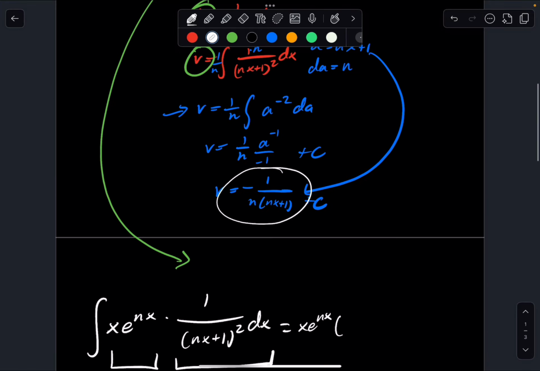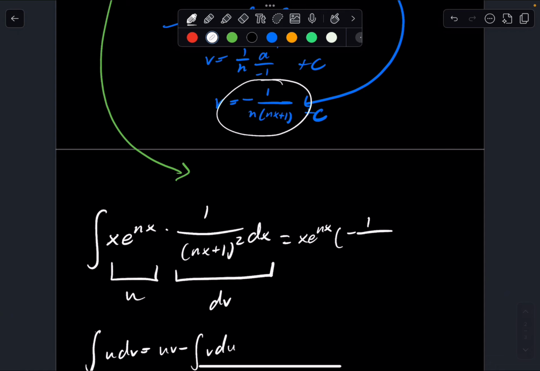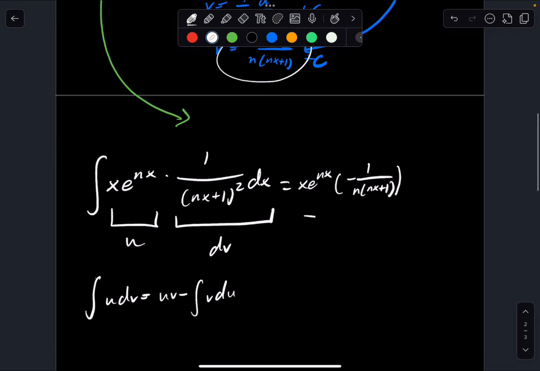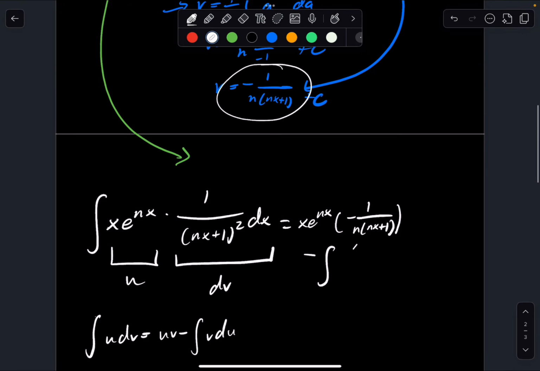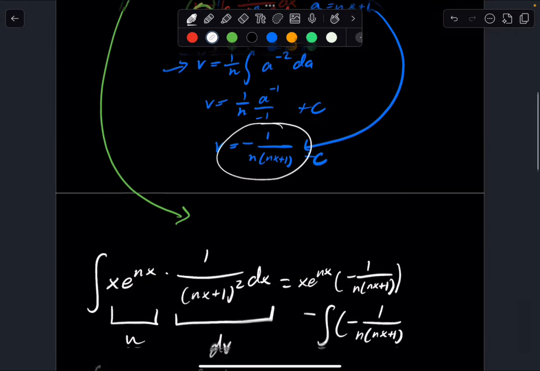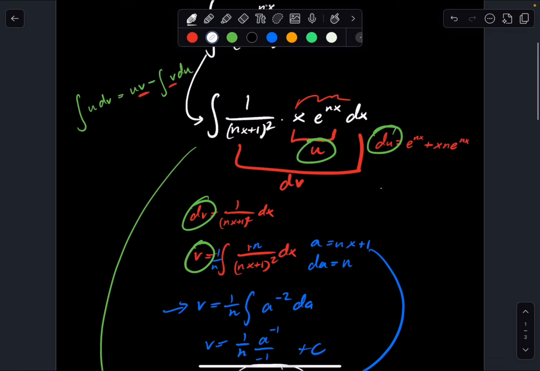It is this. So it's going to be negative 1 over n times nx plus 1, like this, minus our integral of v. Where is v? Same thing, which is just this. Integral of v, negative 1 over n times nx plus 1 du. And what is our du? Our du is found right here.